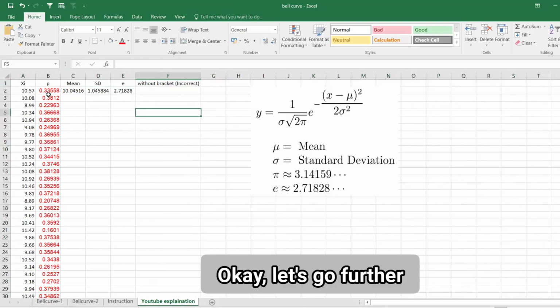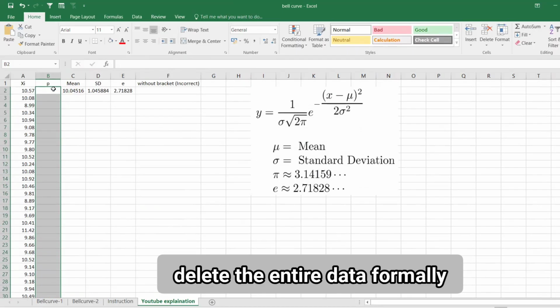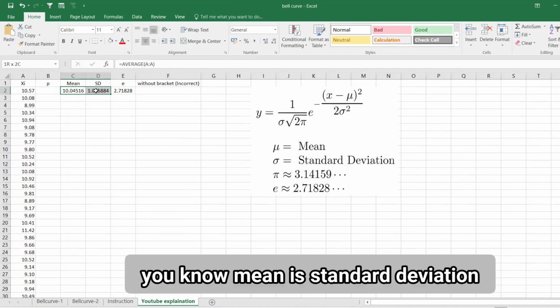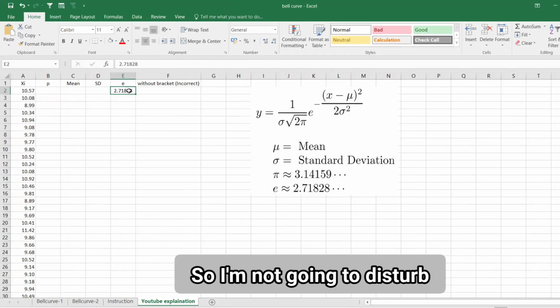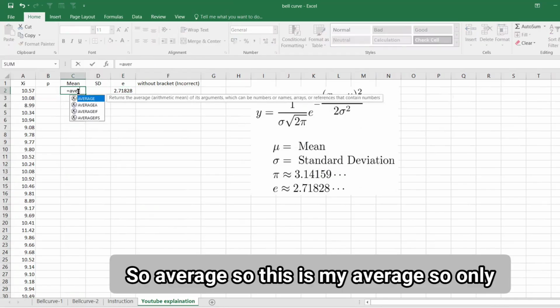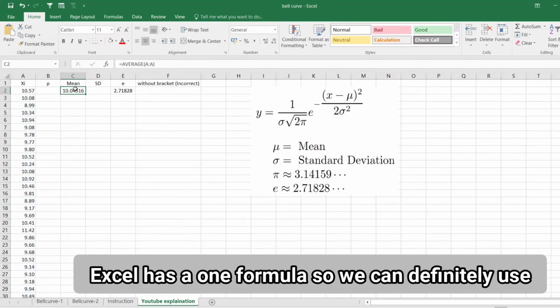Okay, let's go further. I'm going to delete the entire formula, and let's create the formula. Mean and standard deviation, let's create those first. We have a standard value, 2.71828, so I'm not going to disturb that. So this is my average. Excel has a formula for it, so we can definitely use that.